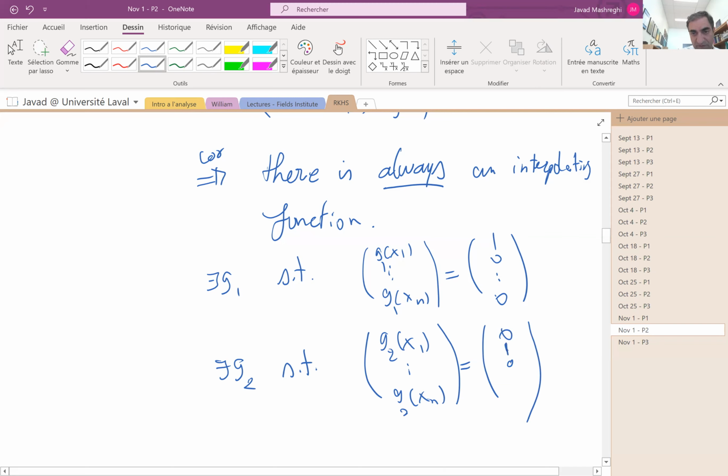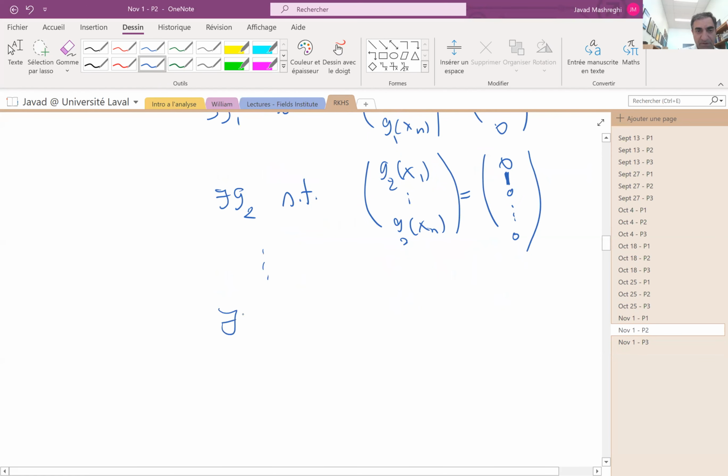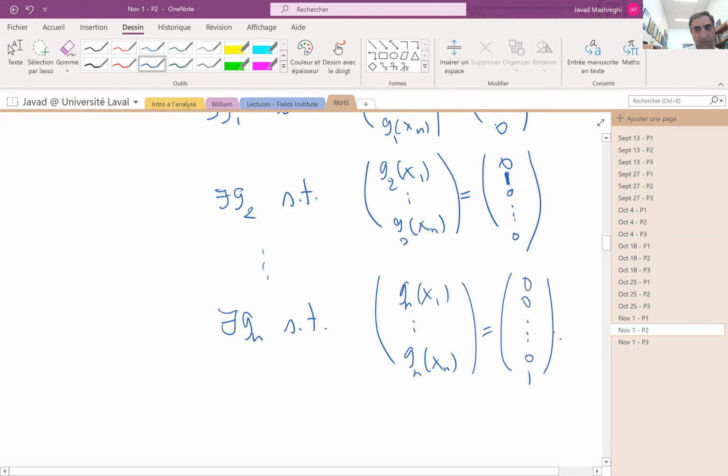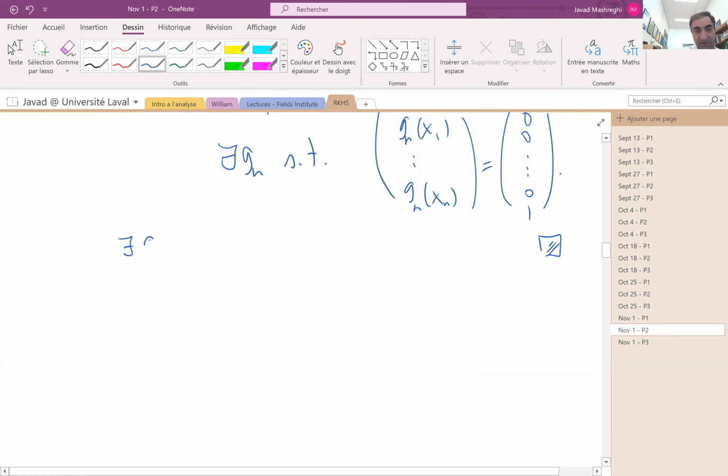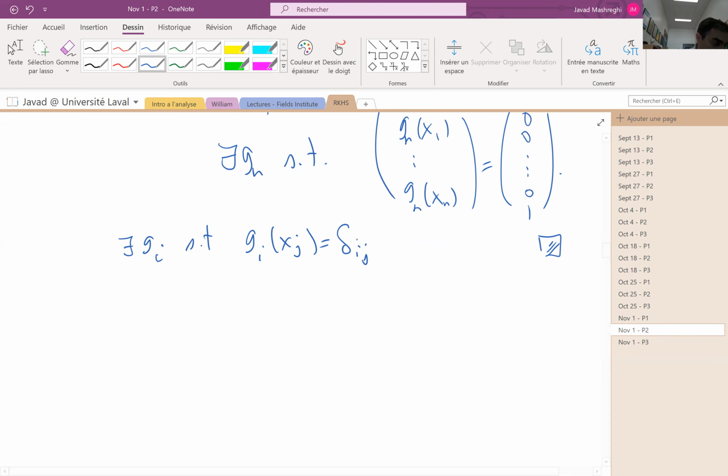So I put 0, 1, 0 up to 0, and finally there is Gn such that its values are 0 up to 1. So in short, we can say that there is Gi such that Gi of xj is equal to delta ij. Briefly speaking, all the time we have a solution, and that's precisely the content of the fourth statement.